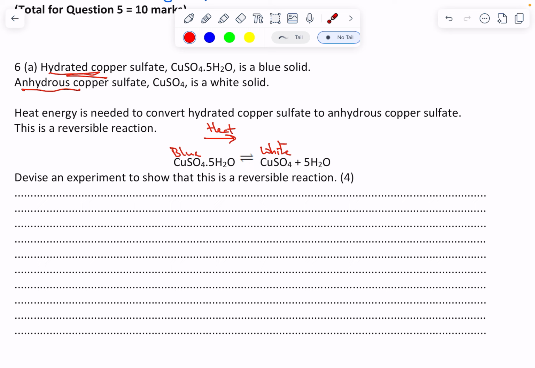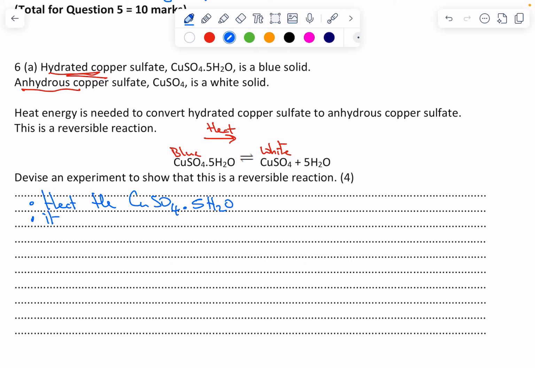So the first bit says devise an experiment to show this reaction is reversible. So what I would do, first of all, is I would heat the hydrated, and I'm going to use the formula, I would heat the hydrated copper sulfate.